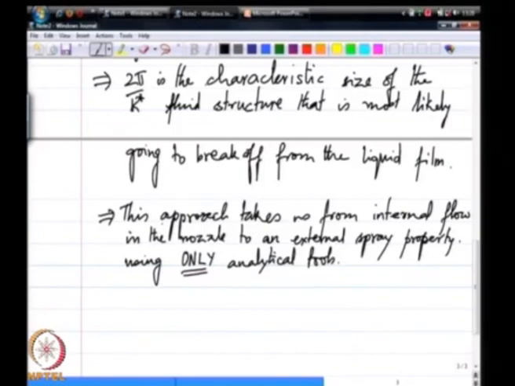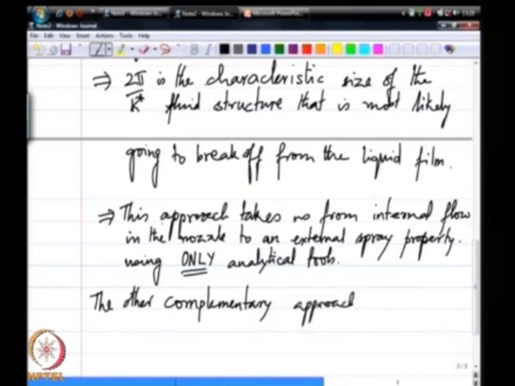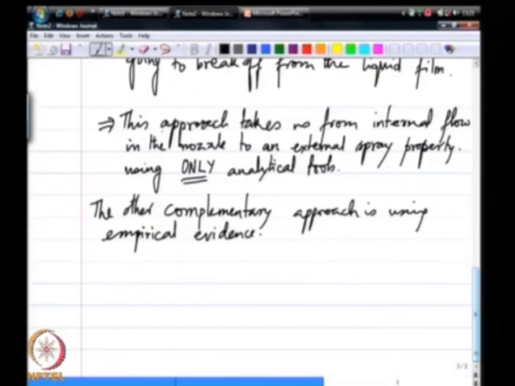The other complementary approach is using empirical evidence. So, what do I do in this approach?